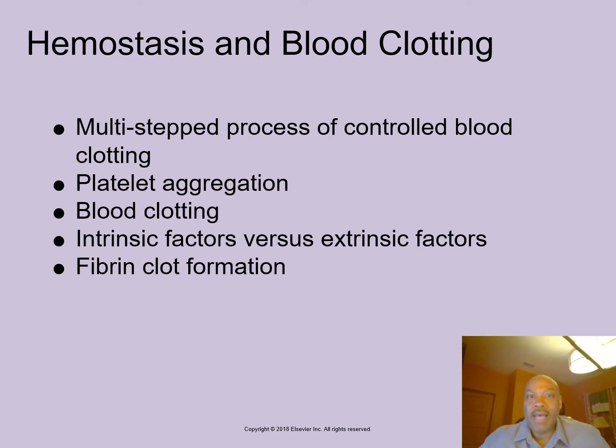Now, the extrinsic factors are outside the body, factors that initiate the platelet and clotting cascade. What happens here is trauma. These patients have trauma to their blood vessels, and once that trauma occurs, the collagen within the walls of the blood vessels becomes exposed.